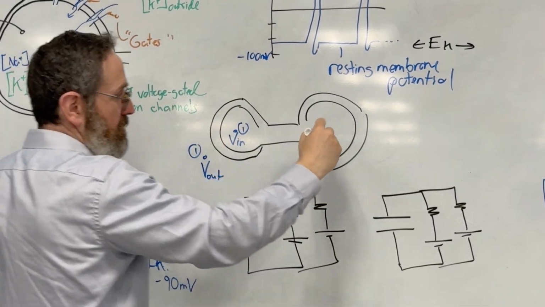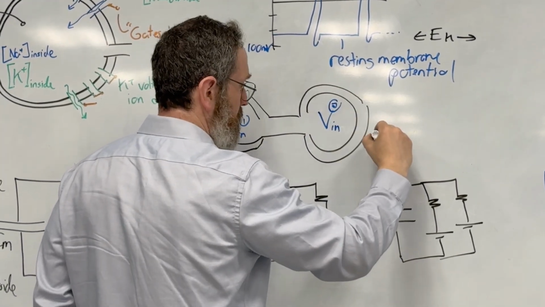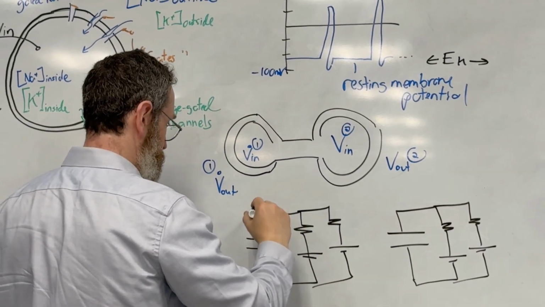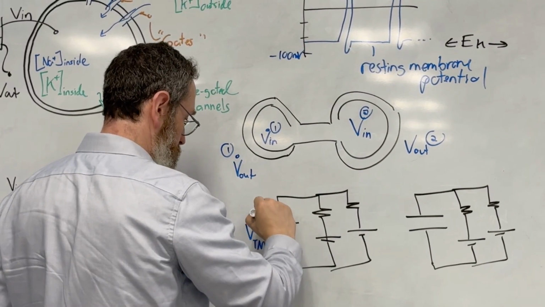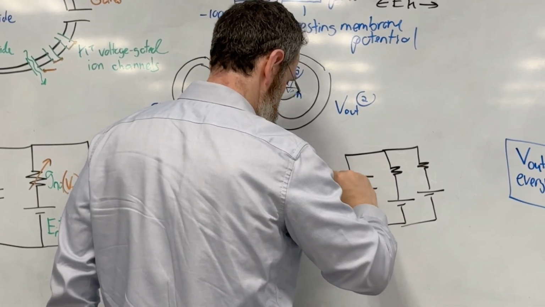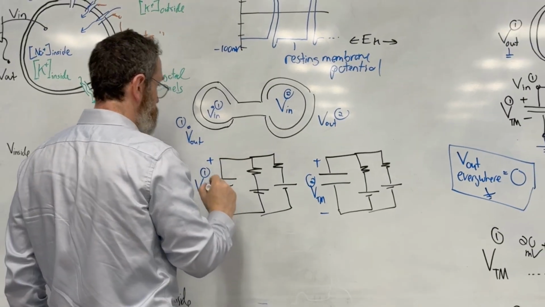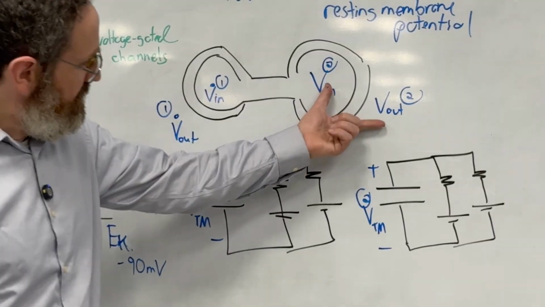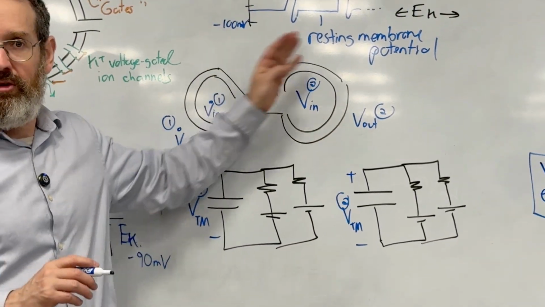And then there's another cell here, so I'm going to call this V in 2 and this V out 2. And so here is V TM 1, here is V TM at location 2. This difference is represented here, and this difference is represented here, and I'm keeping my inside on the top.